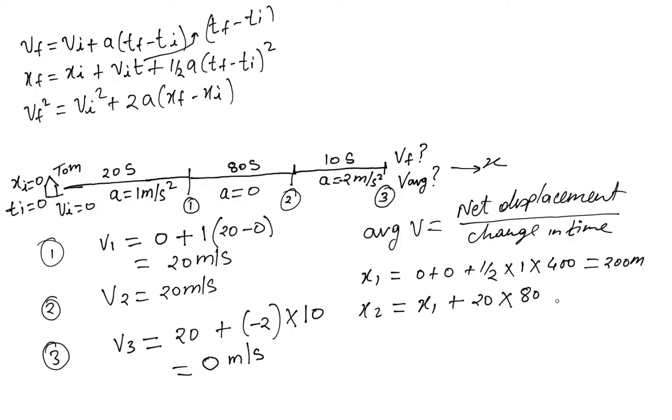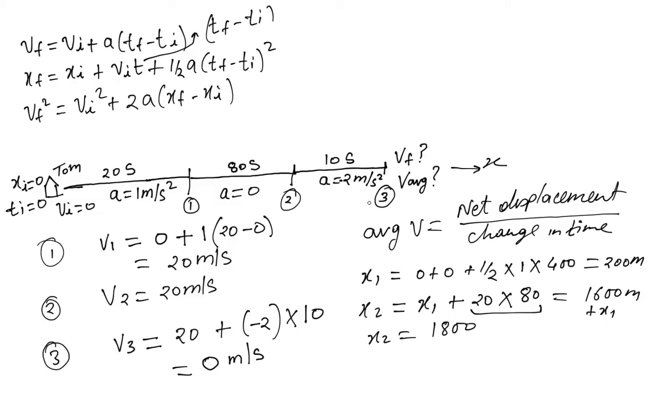So it's going to be 80, and that gives us 1600 meters. So x2 turns out to be 1600 plus x1, and this turns out to be 1800. Alright, so the distance from here to here is 1800.